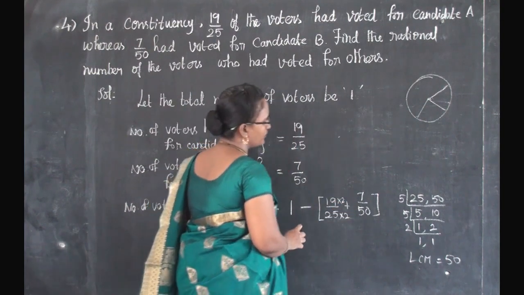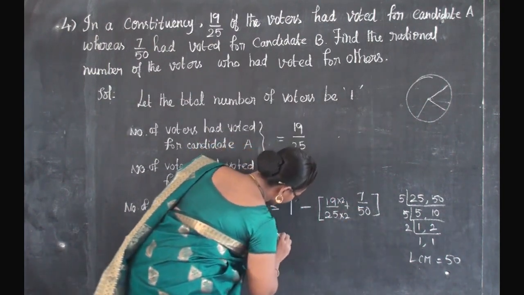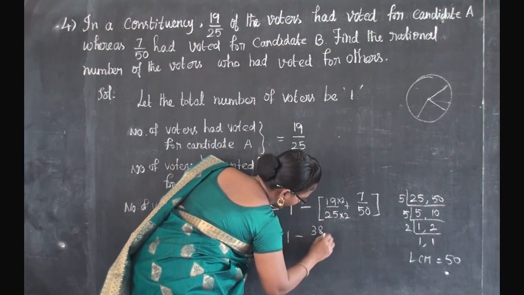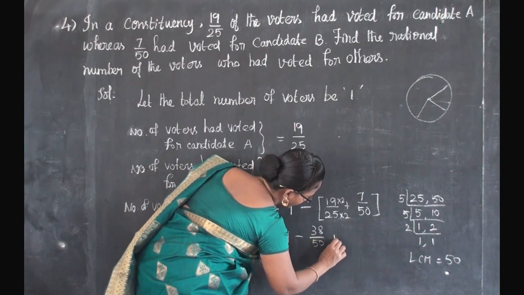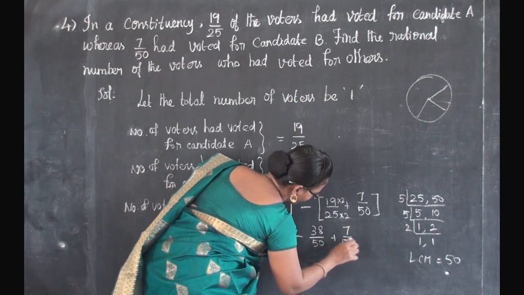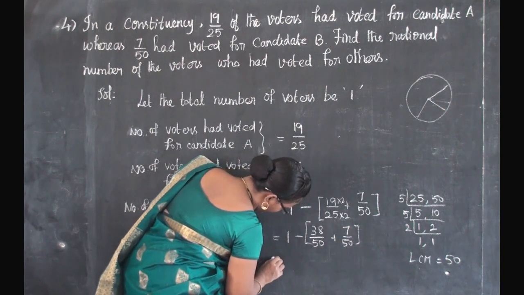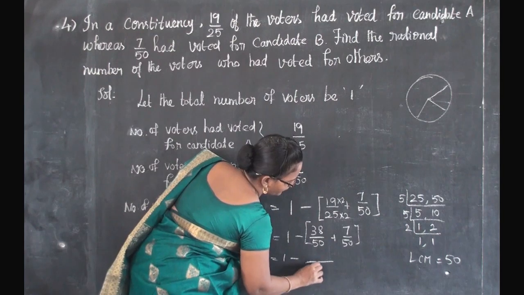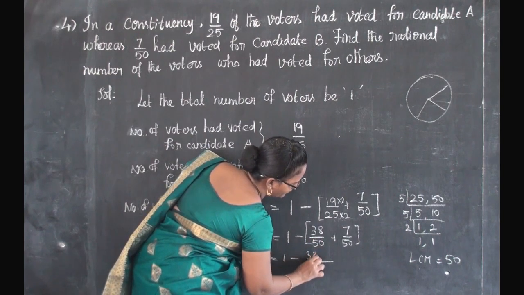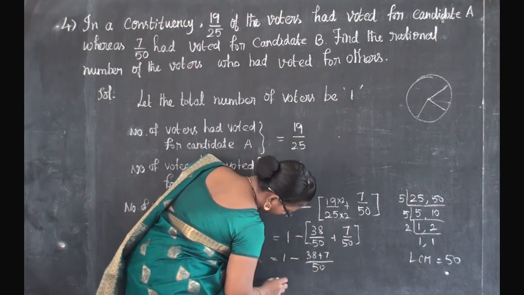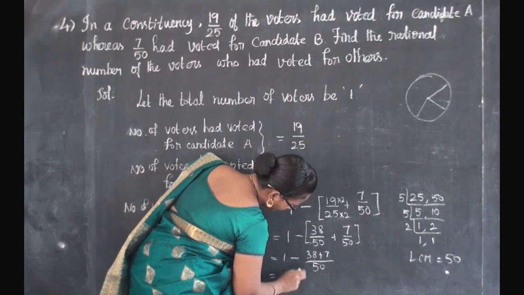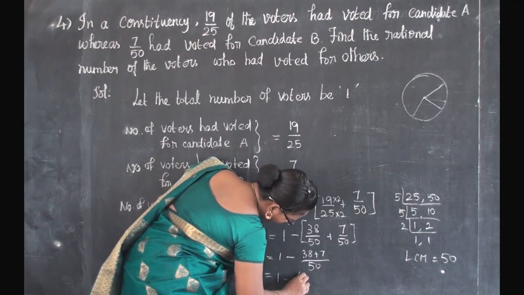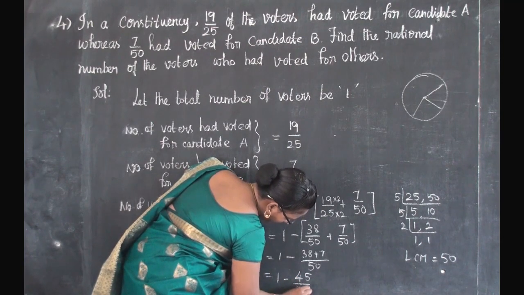Here we have to multiply by 2. So 1 minus 19 2s are 38 by 50 plus 7 by 50. Here 50 is common. So 38 plus 7 we get how much? 45 by 50.